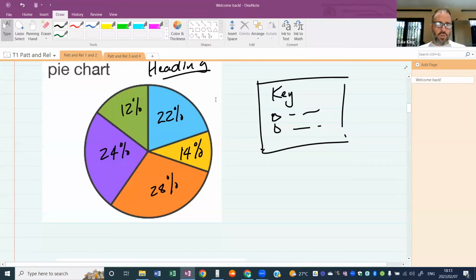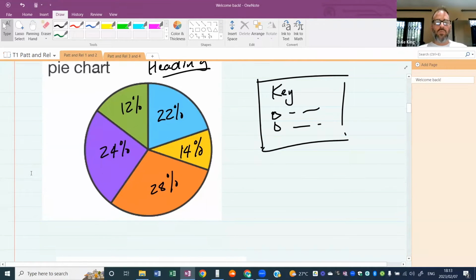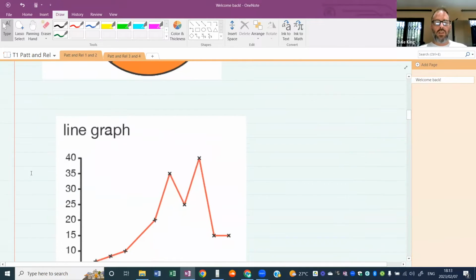Which portion of the pie, because it's Valentine's Day coming up, takes up a certain percentage of the whole? You can see with the diagram here exactly which one is the most. Maybe Netflix takes up the big orange piece of 28%. So a pie chart is very useful in comparing parts of a whole. Okay, let's move on to a line graph.